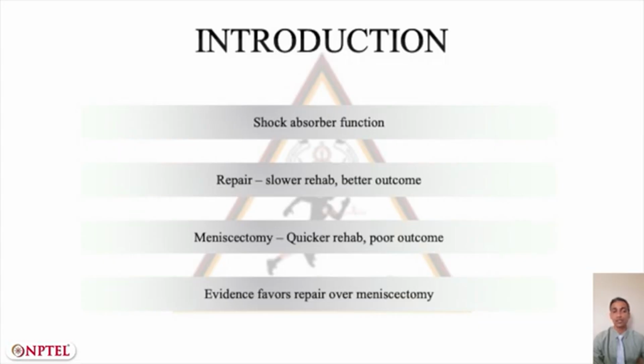In MRI studies of patients with ACL tear, the prevalence of associated meniscus injury, both medial and lateral, is very high. For example, in one study with a sample size of 254 patients, 57% had medial meniscus injury, while 25% had lateral meniscus injury.